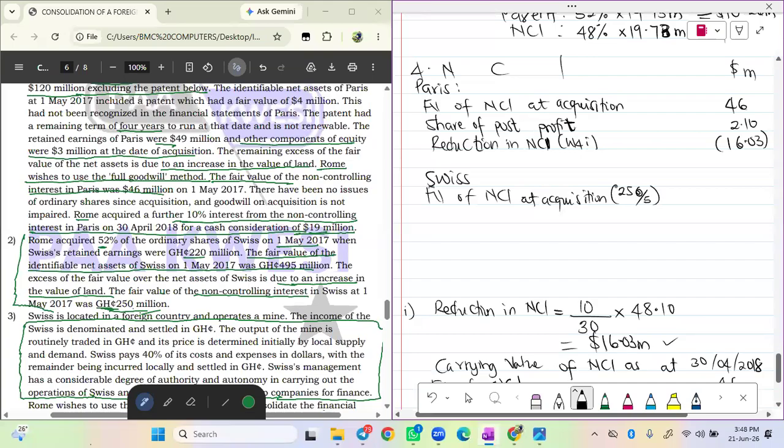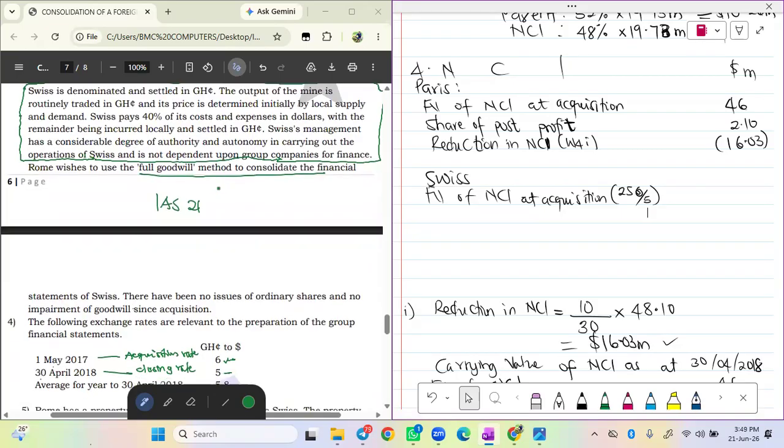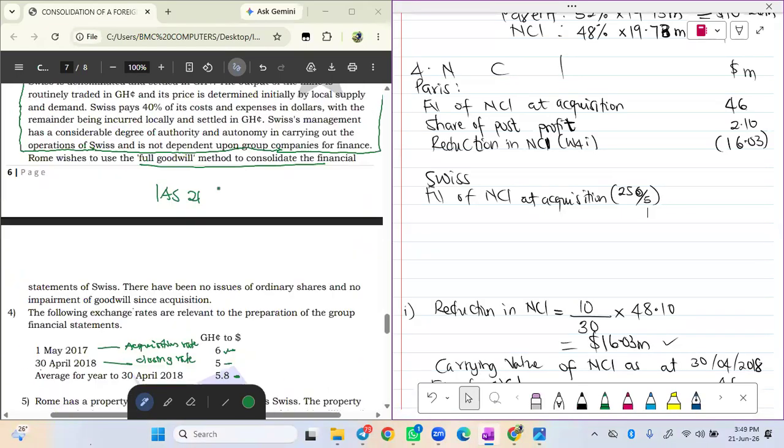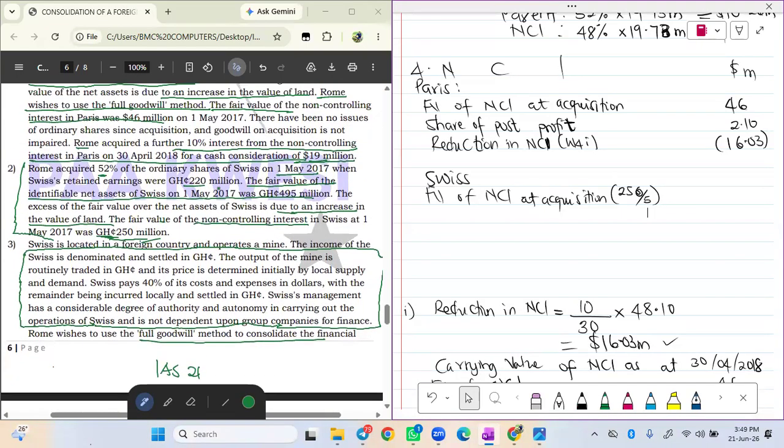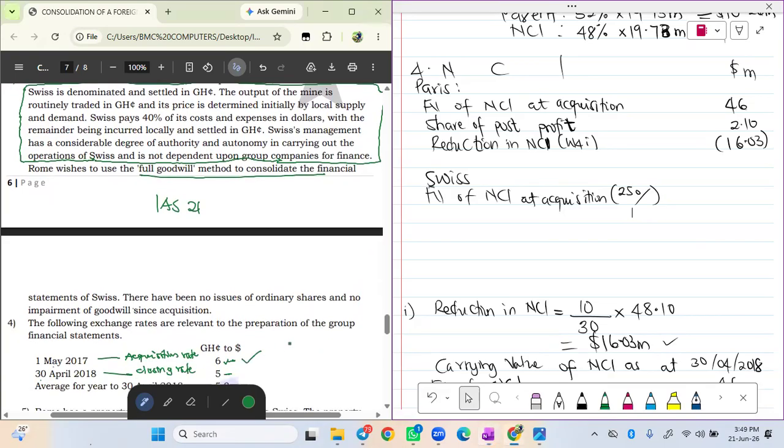The closing rate was 5. Okay, sorry, this one is 1st May, the 250 acquisition at acquisition. So it should be the acquisition rate at acquisition. Even the date is 1st May, and the 1st May, the rate was what? 6.